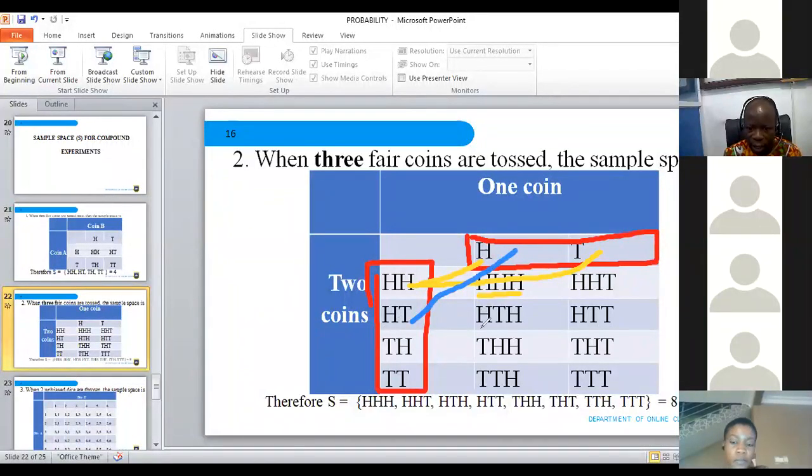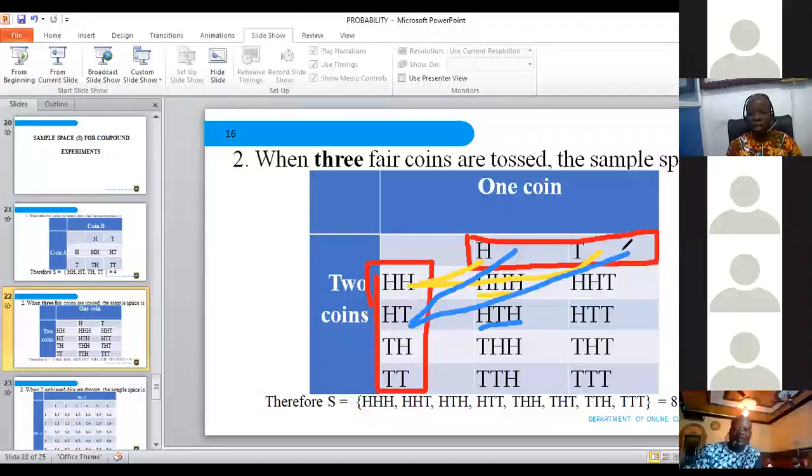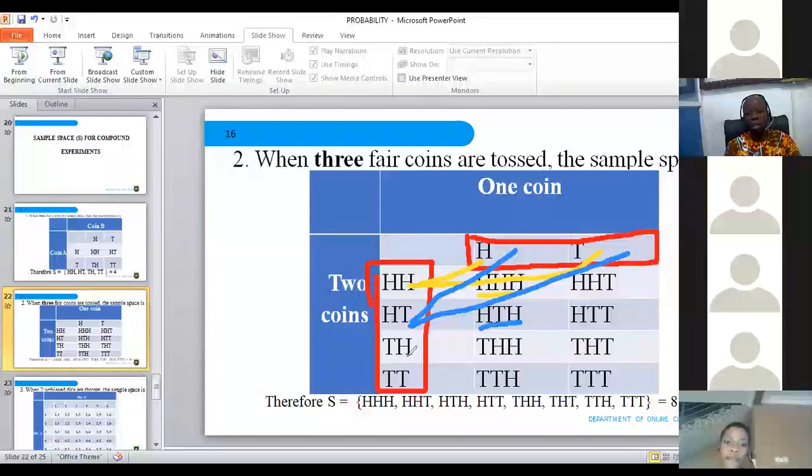Combining this one gives head, tail, tail. Then you do the same thing for the rest: tail, head, head, tail, head, tail, tail, tail, head, tail, tail, tail.